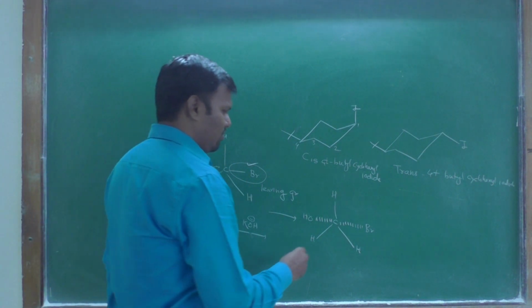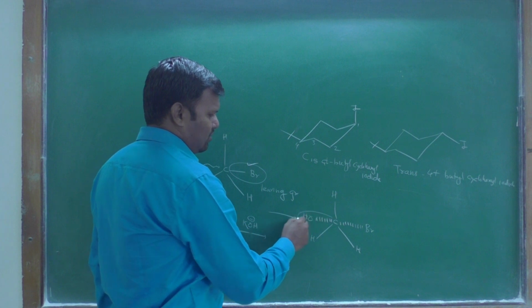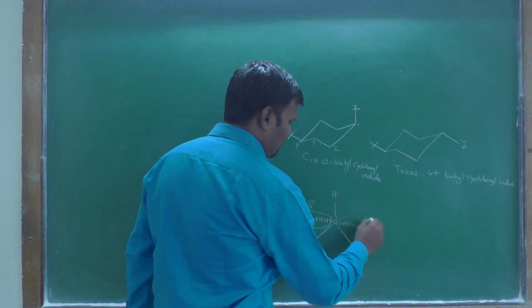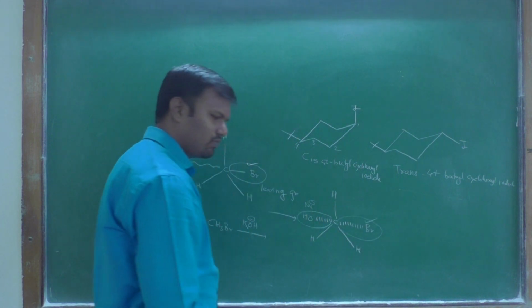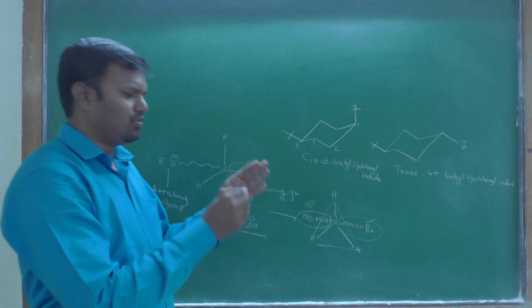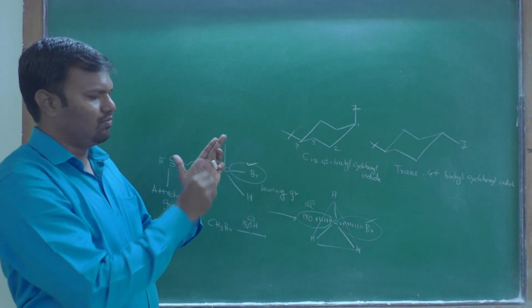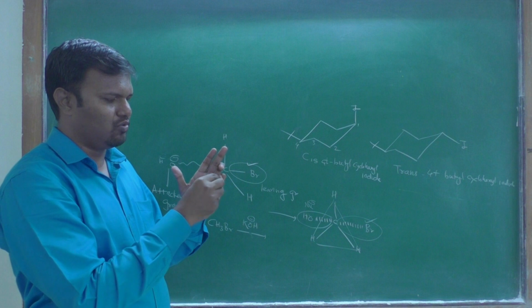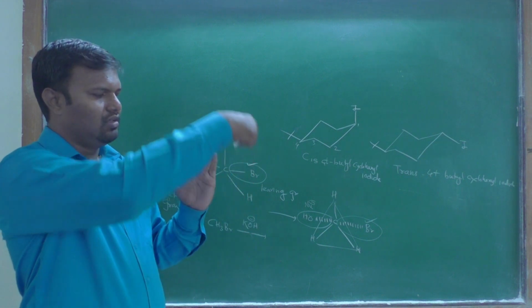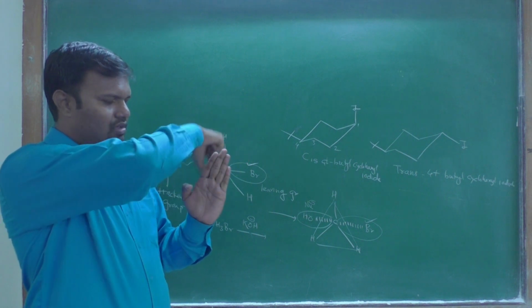Therefore the nucleophile attack takes place opposite to the bromine or bromide group. Suppose this is a planar group. At this point there is a bromide group, and therefore this side is totally blocked. Therefore OH minus appears from the opposite side.